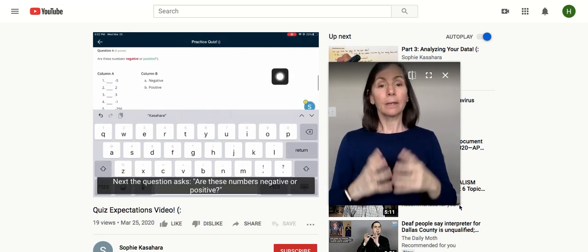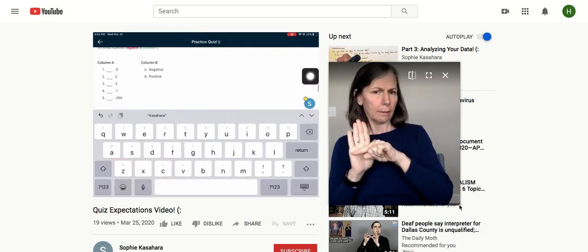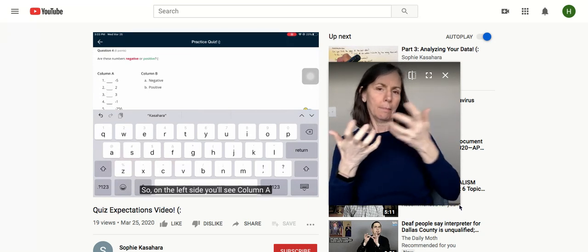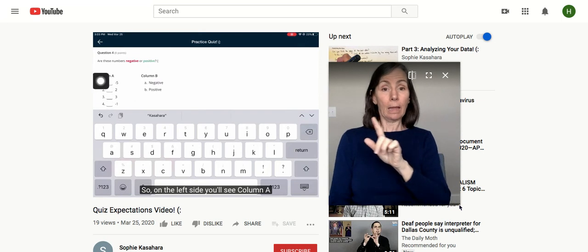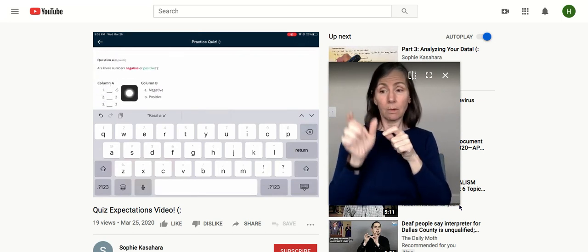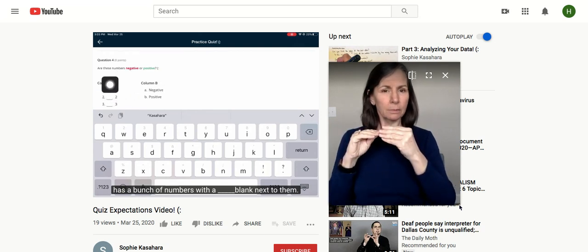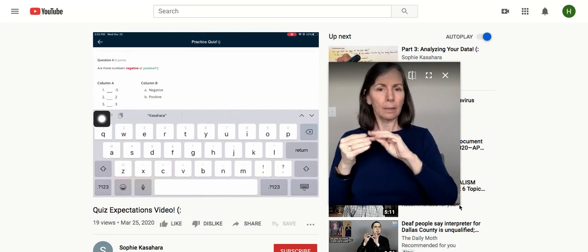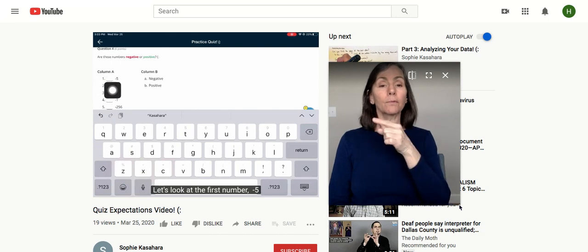Next, the question asks, are these numbers negative or positive? So this one is a matching question. So on the left side, you'll see column A has a bunch of numbers with a blank next to them. So let's look at the first number, negative 5.